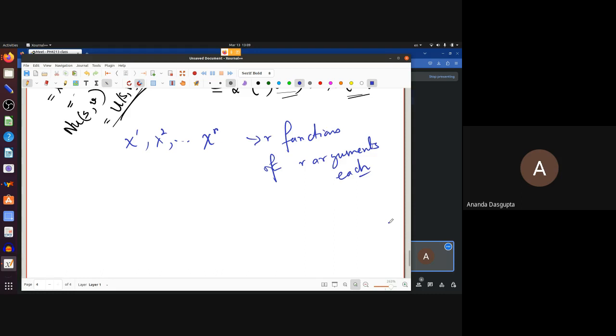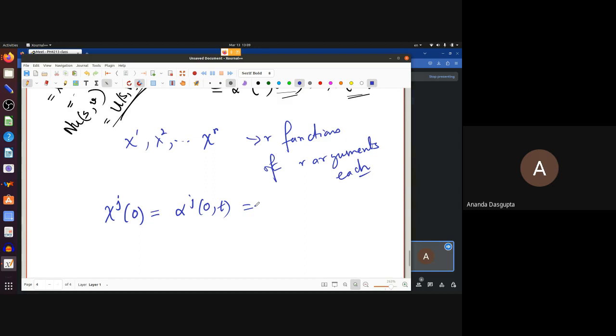Okay. Now, what can you say about chi j's, these functions? If you put in 0 as an argument, what will you get? Well, chi j at 0 is the same as alpha j at 0 comma t, right?